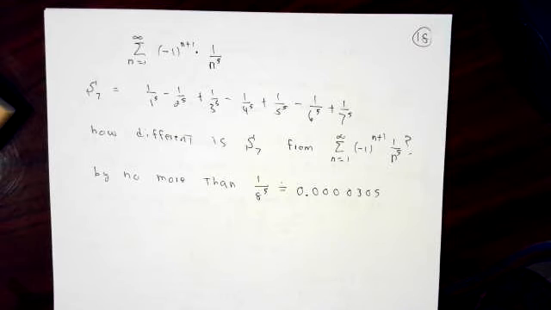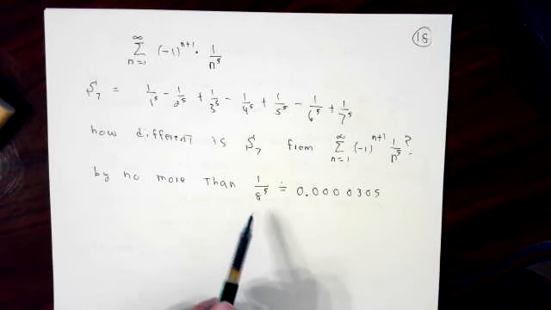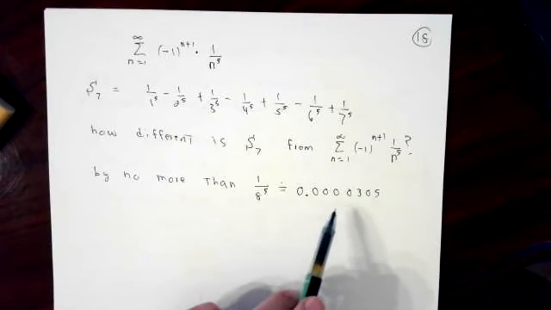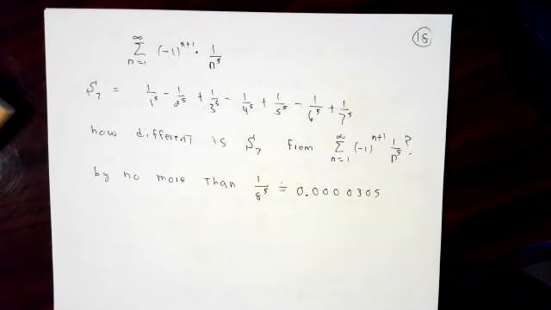And because of what we just said a minute ago, the answer is by no more than the next term you would have added in to get the next partial sum, no more than 1 over 8 raised to the 5th power, which according to my calculator is about 0.0000305. If you add up and get S_7, then roughly your answer is going to be right to about 4 or 5 places after the decimal point. That tells me how accurate it's going to be.